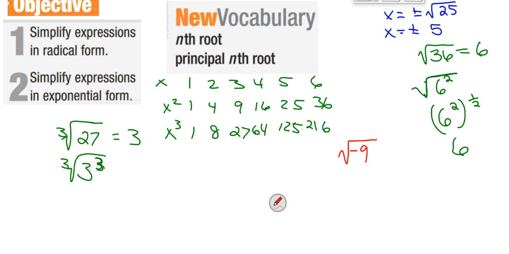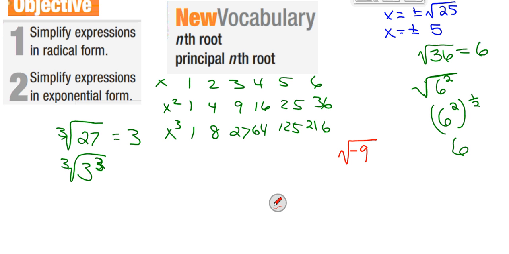If it were real numbers, there's no solution. Do you agree? If it's real numbers, there's no solution. If we're allowed to use imaginary numbers, it would be 3i. Does everybody agree? We've had some problems like that before. So there's no real solution.